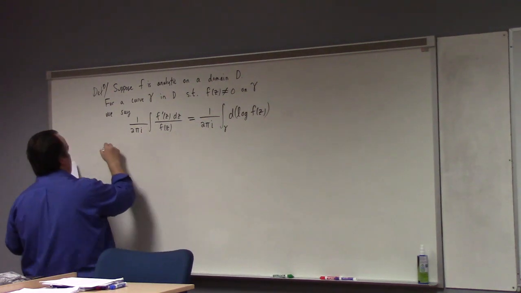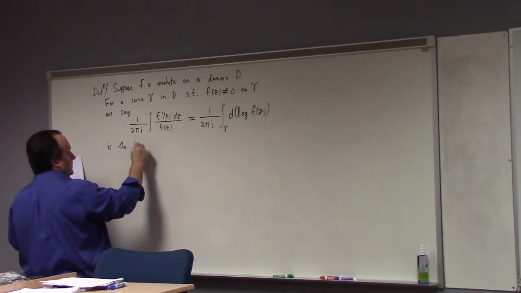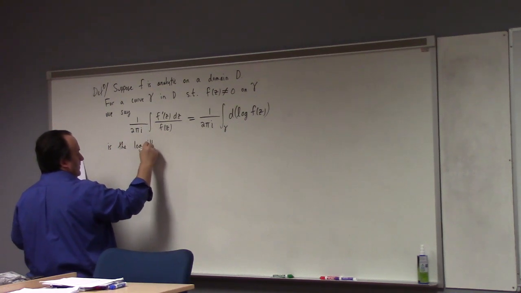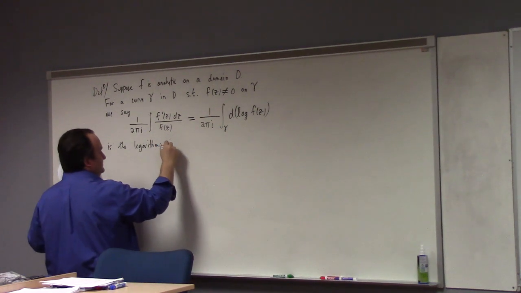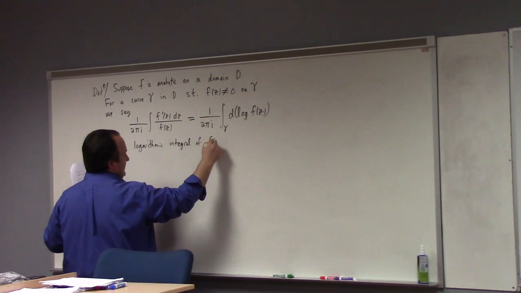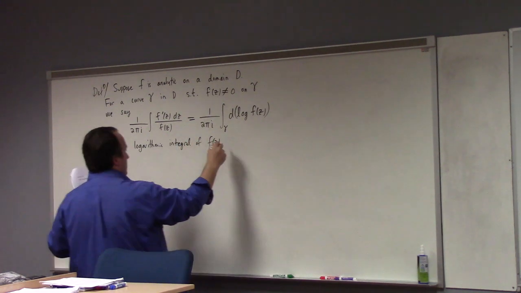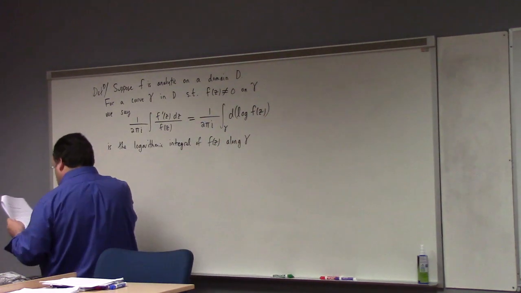So this is the logarithmic integral of f of z along gamma.